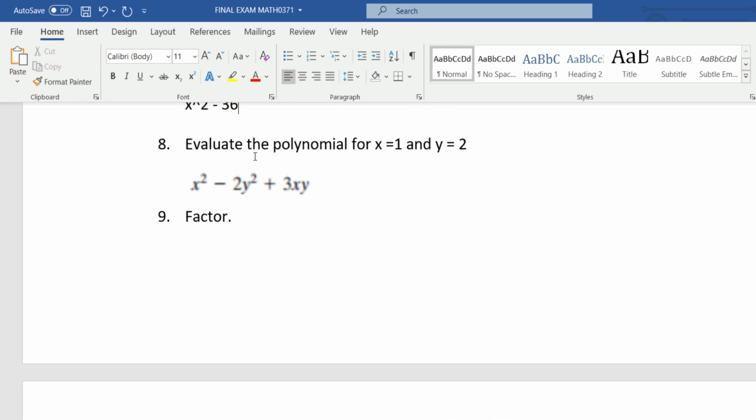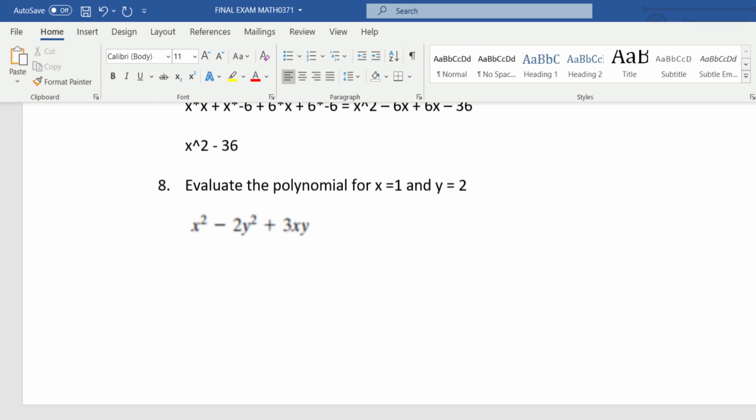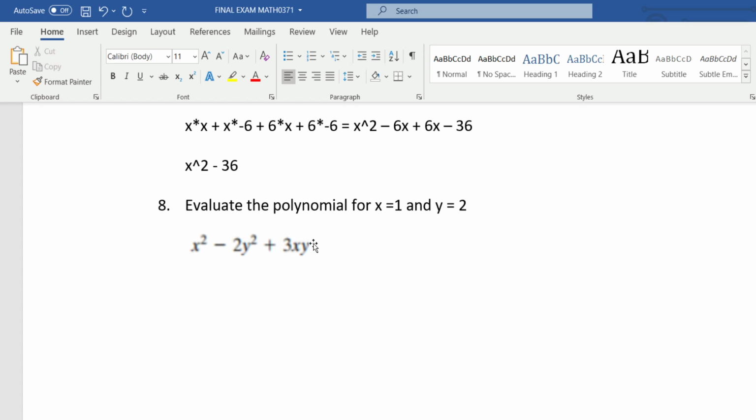Okay, 8. Evaluate the polynomial for x equals 1 and y equals 2. And then it gives us x squared minus 2y squared plus 3xy. Okay, so when it says to evaluate a polynomial and it gives you the values, all you really have to do is take the x and y value and plug it into the expression they give you.